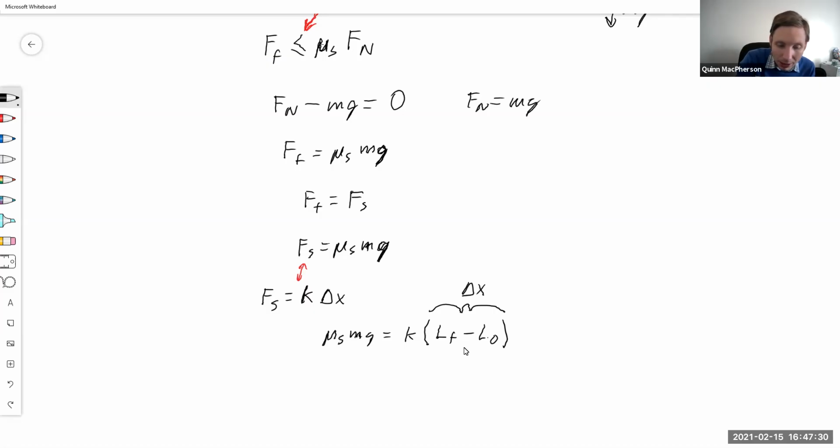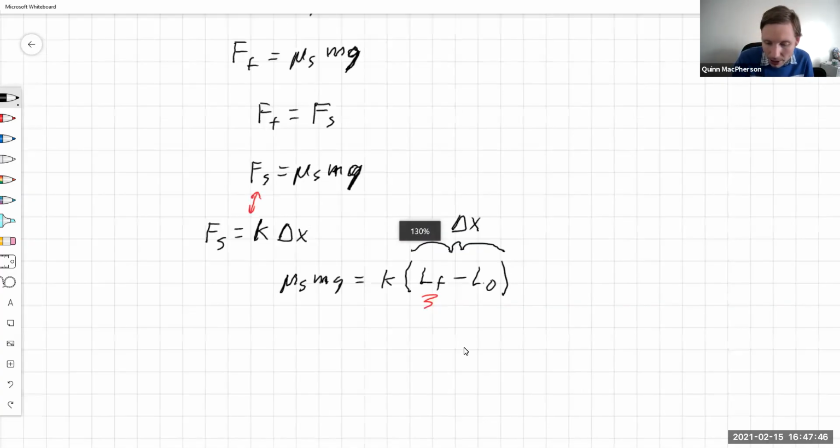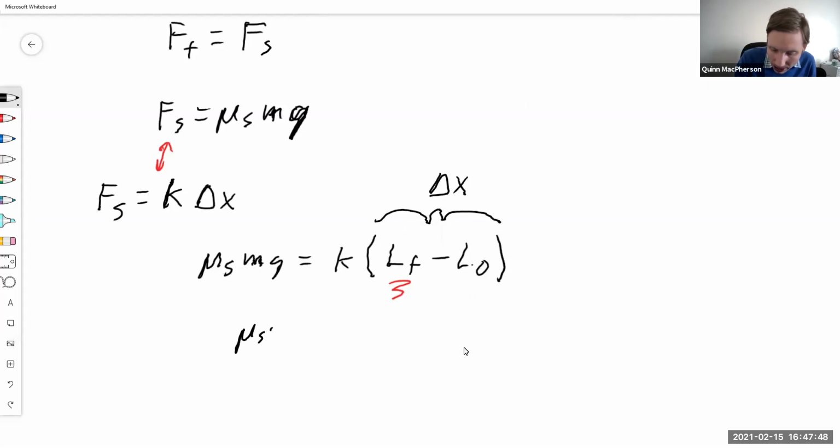Okay, the thing I'm looking for is the final length. So we can solve for that with this equation. You divide k to the other side: mu S mg over k is equal to L f minus L naught.